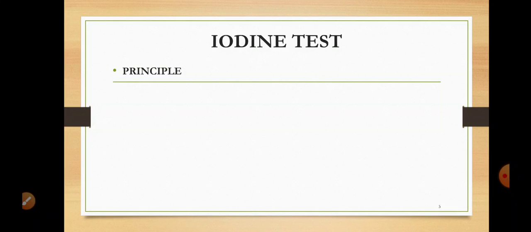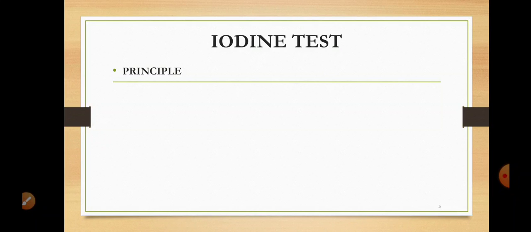Just keep it in mind. When you are preparing the iodine solution, you do not add the iodine directly to the water. Initially, you prepare the 2% potassium iodide solution. Then to that, iodine is added slowly until a deep yellow color is produced. Why? Because iodine is not very soluble in water.